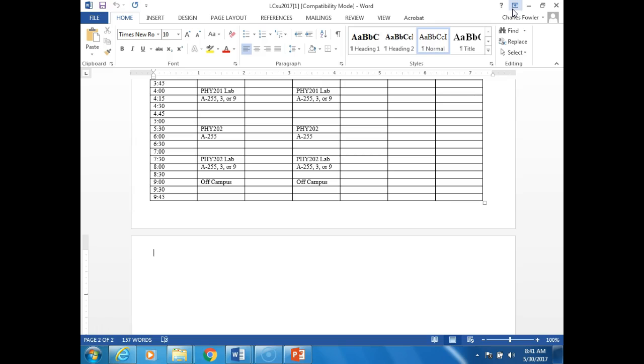And then as soon as that lab's over, usually we'll finish labs a little early, then at 5:30, 202 starts. It goes until 7:20, but then at 7:30 that lab begins, and again it's in one of those three rooms, and that goes until 9 o'clock, so I'm off campus at 9.